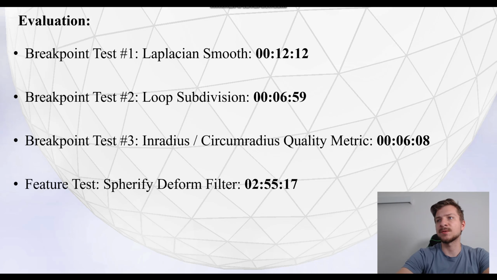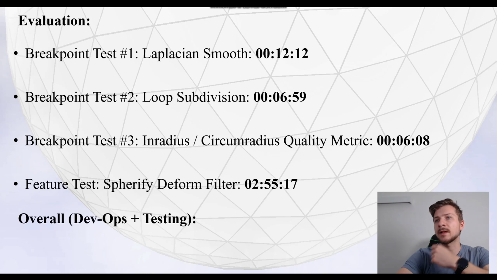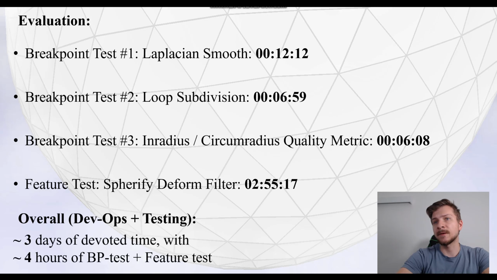The feature test for the spherified deform filter took almost 3 hours, plus the almost half an hour of fixing the filter arity the next day. And the overall evaluation for the DevOps and the testing of the MeshLab codebase looks as follows. So that was like 3 days of devoted time with approximately 4 hours of the actual testing.